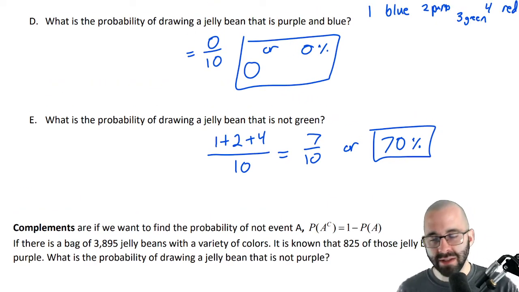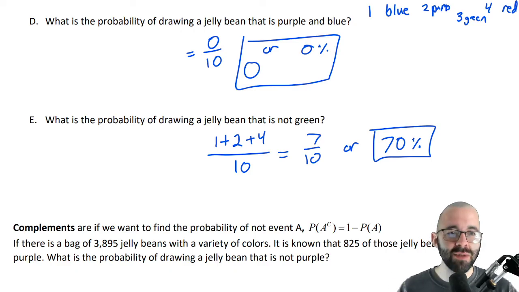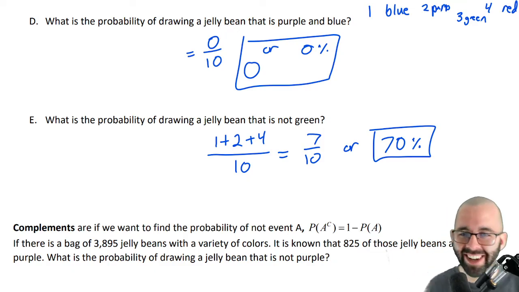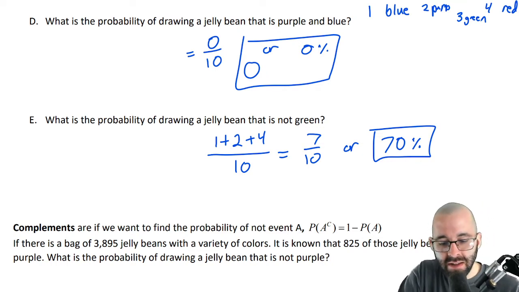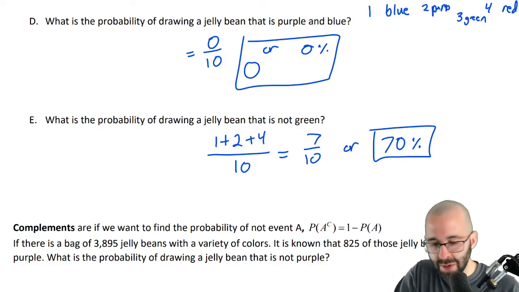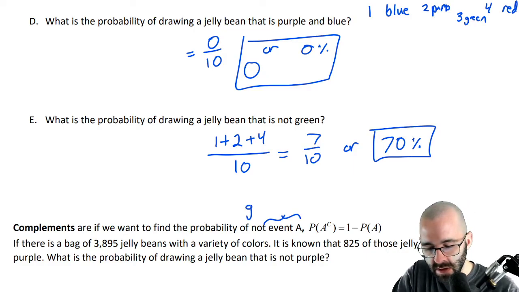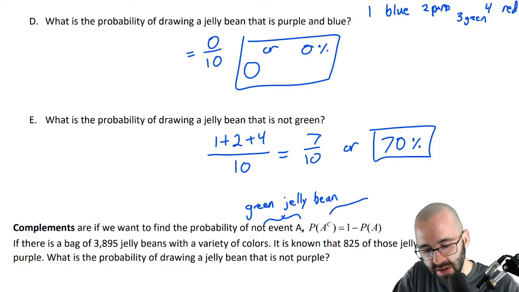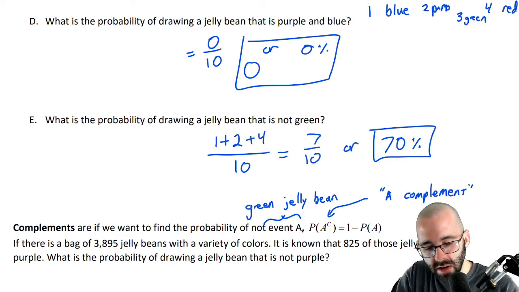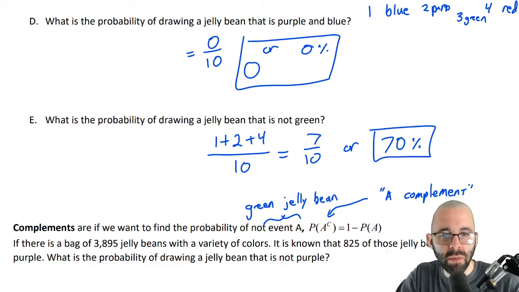We're going to talk about complements with an E, not compliment. I'm not saying jelly bean, you look good. I'm saying the other one. So if we want to find the probability of an event A, in this case the event A would be maybe a green jelly bean, then the probability of A complement is just 100% minus the probability of A, right?